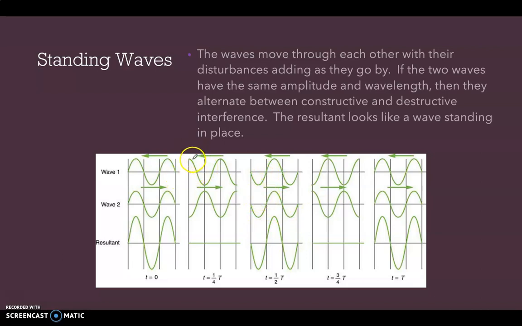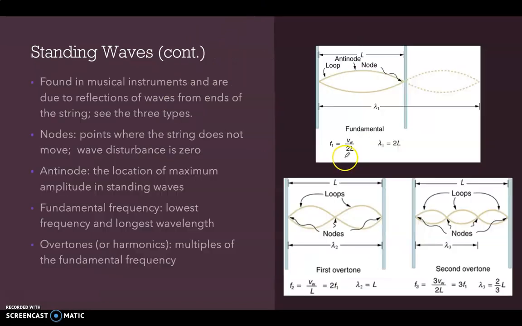No, I want to go to, I'm sorry. So the second one here, they are exactly out of phase, it looks like. Okay, so the resultant is 0 again, and so forth. So we're getting the same idea here. Okay. One of the main things I wanted you to get out of that was that first statement I made, that the waves move through each other. Okay. All right.